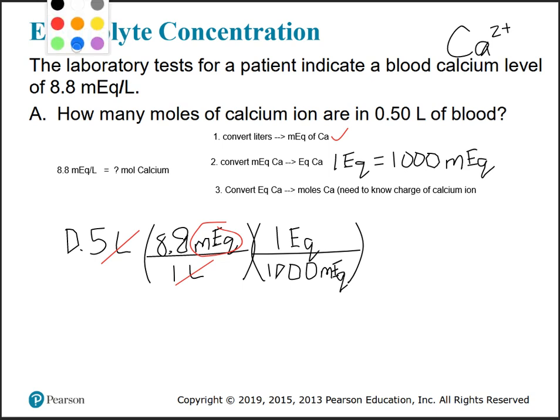So for our second step, we're going to take those milliequivalents and divide by 1,000 to get equivalent. So that's equivalent of calcium. I'll put that in here. That's the second part. The third part, we have to take the equivalents of calcium and we need to make that into moles of calcium.